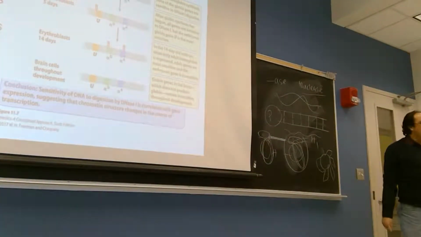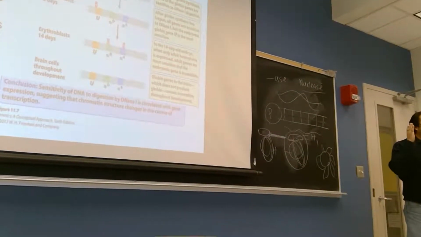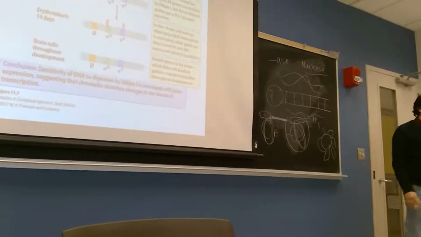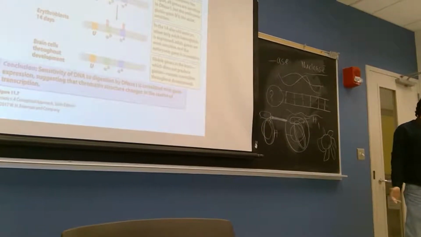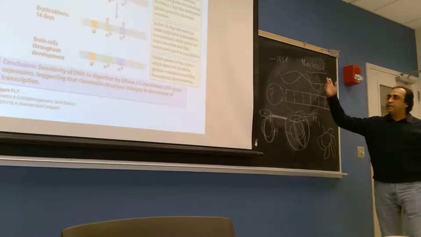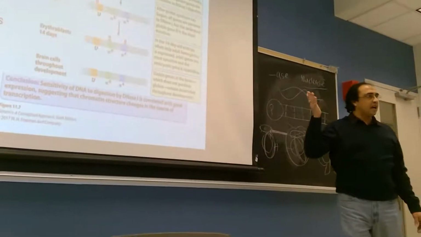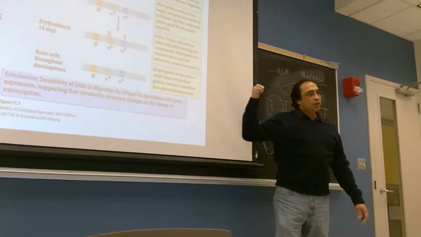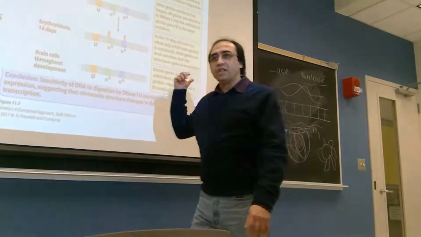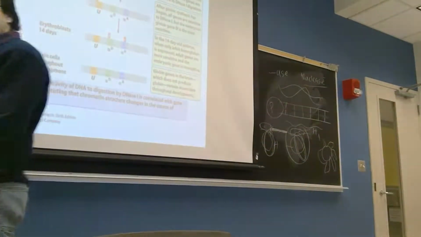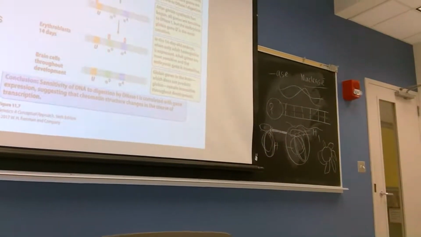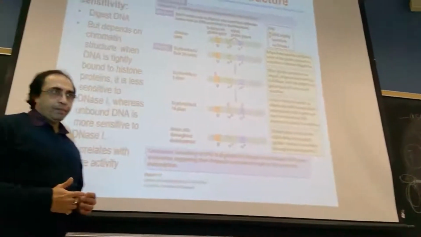Nuclease means an enzyme which can cut nucleic acid. If it is RNA nuclease, that is one thing. If it is DNA nuclease, that means it is cutting the DNA. So DNase means deoxyribonuclease 1. That is the enzyme which can cut specific parts of DNA, not all parts.